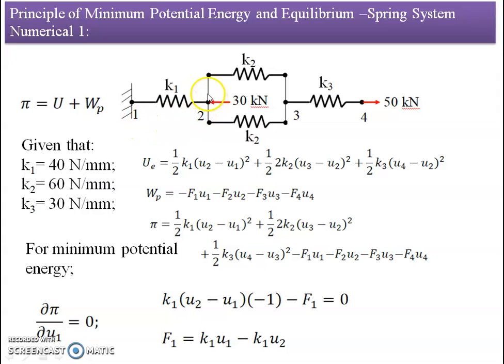The extension is the difference between the two displacements. So delta 1 will be u2 minus u1, delta 2 will be u3 minus u2, and delta 3 will be u4 minus u3.